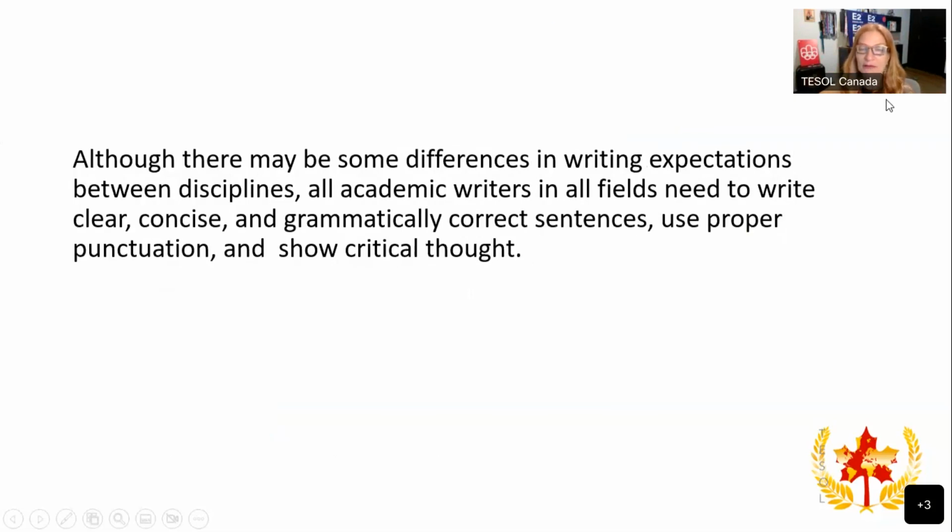Okay, so once again, although there may be some differences in writing expectations between disciplines, one thing is for sure. When we're dealing with academic writing, regardless of the field, there is a structure to follow: an introduction, developing and discussing the theory, then methodology, results, and then the conclusion. Regardless of the area, English teachers are expected to know this big structure.